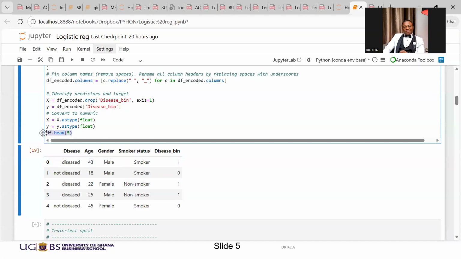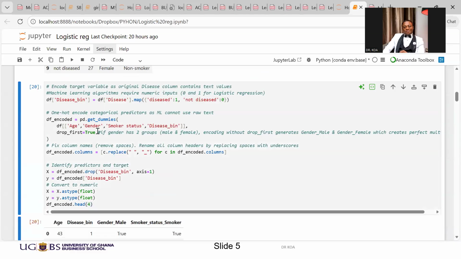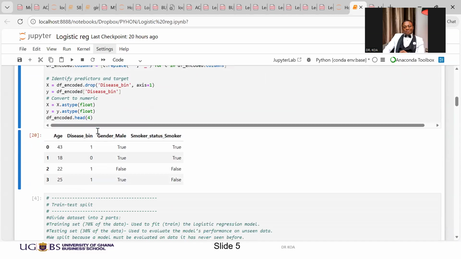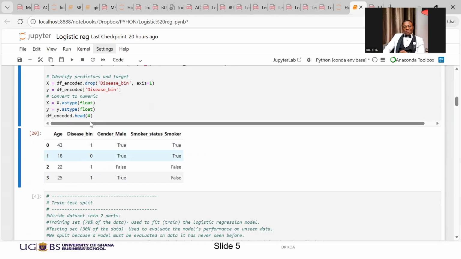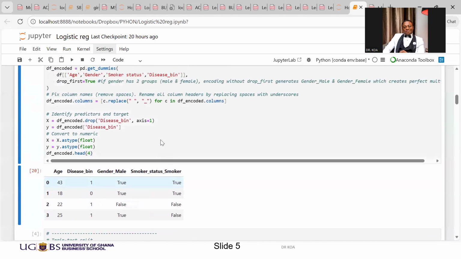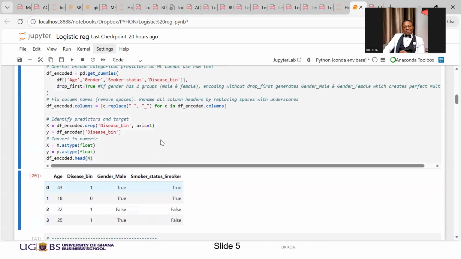And now, if I show the actual encoded, the DF encoded, because the one that captures all of them, you can see that the disease has been shown as 1. So clearly, you can also see that it has created not what we had before as gender, but now it has created gender male and smoker status for smoker.